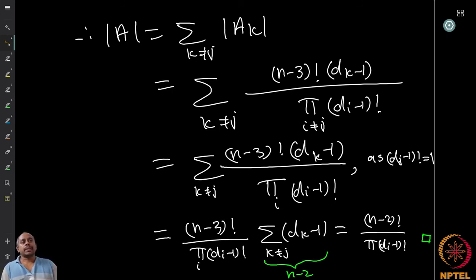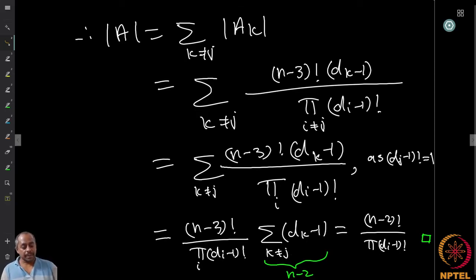Now, we can write this as we just mentioned in the previous slide. Since these terms are not depending on k, we can just take them out. So we get (n-3)! over the product over all i of (d_i - 1)!, times the summation over k not equal to j of (d_k - 1).